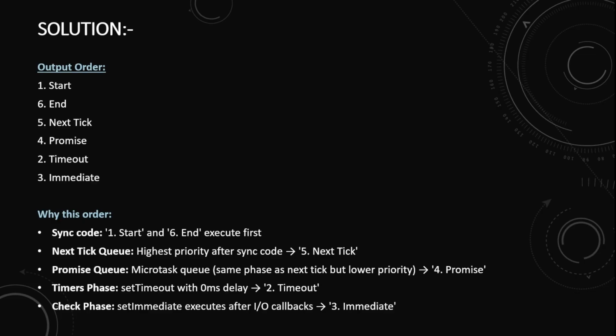Hence, the event loop processes these phases in the order of timers phase, IO callbacks phase, idle and prepare phase, poll phase and check phase. So in these phases, setImmediate executes in the check phase and setTimeout executes in the timers phase.